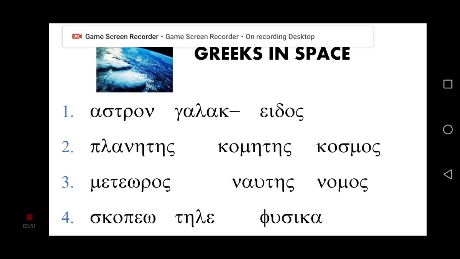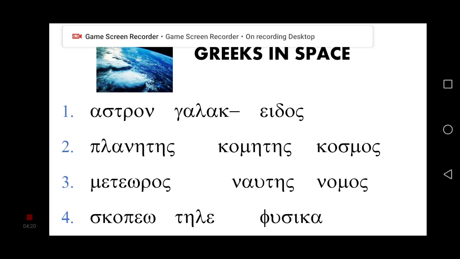Galak, that's where we get galaxy from, and gala is milk in Greek, and that's where we get the Milky Way, the cloudy stars in space. Eidos is form, so that is useful to put on the ends of things. We'll come back to that.